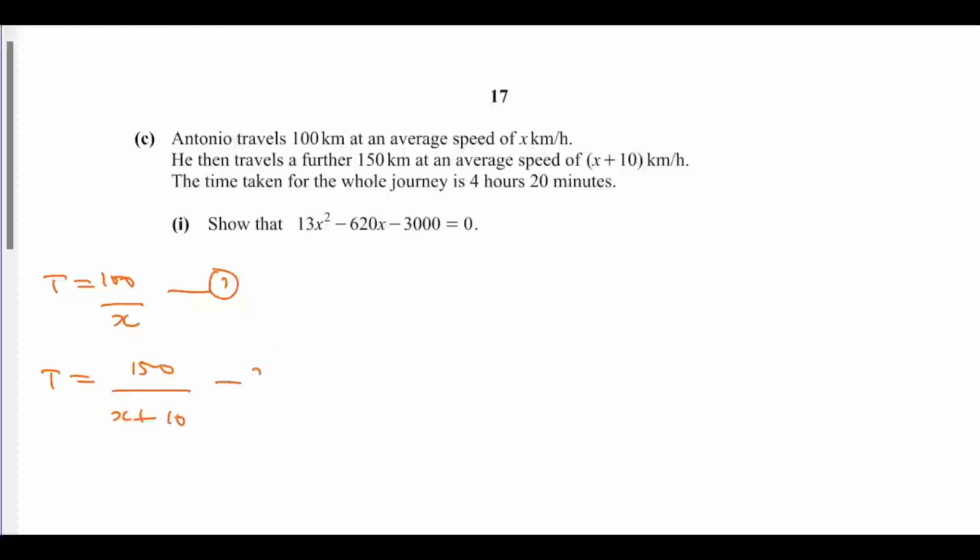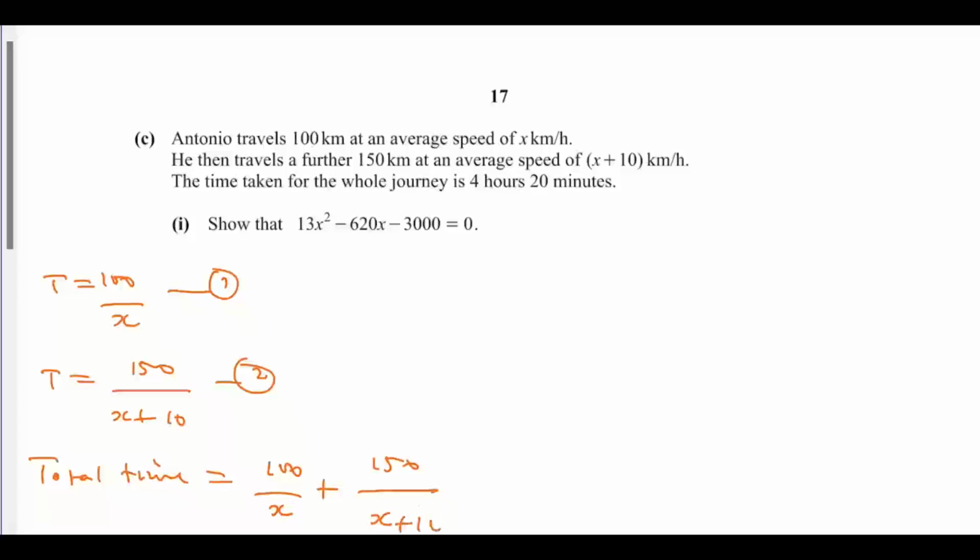You can call this one equation 2. The total time will be equation 1 plus equation 2, so it will be equal to 100 over x plus 150 over x plus 10.